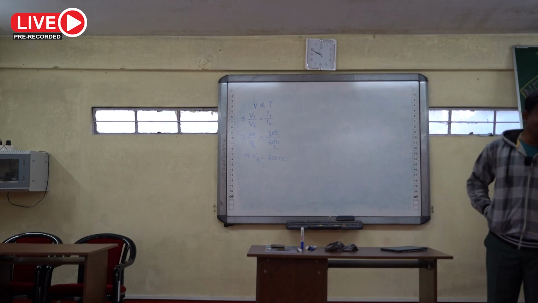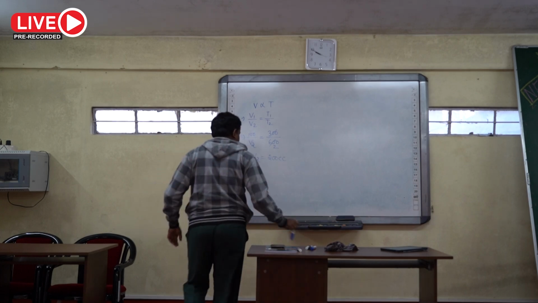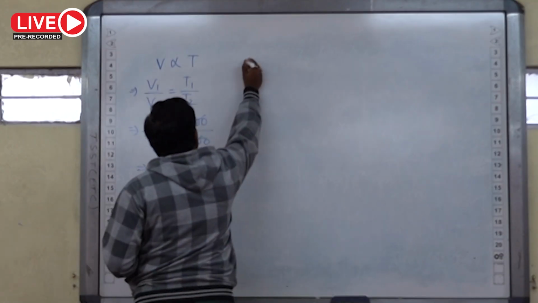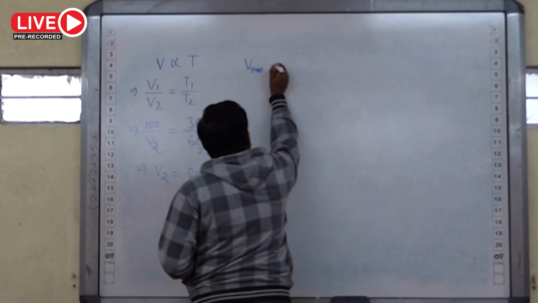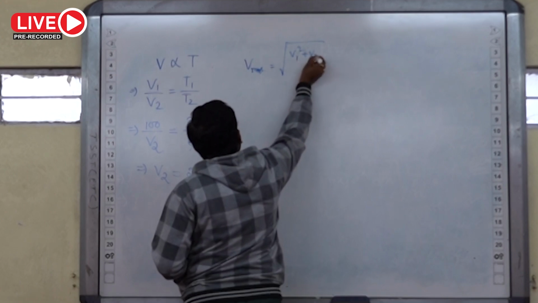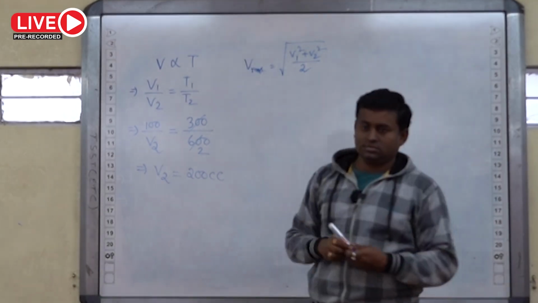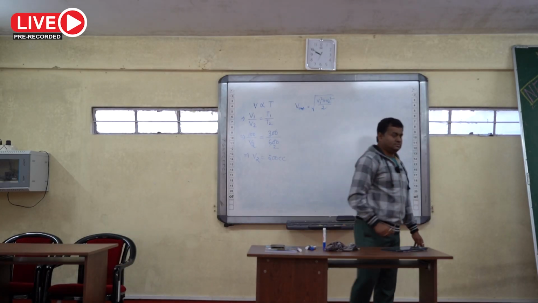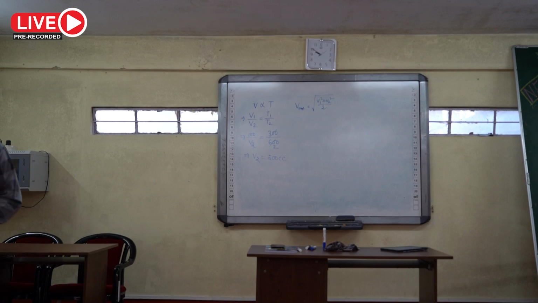You have to only use this form, that in this case V RMS will be root over of V1 square plus V2 square by 2. If you calculate from this, it will be root 41 into 10 to the power 6.